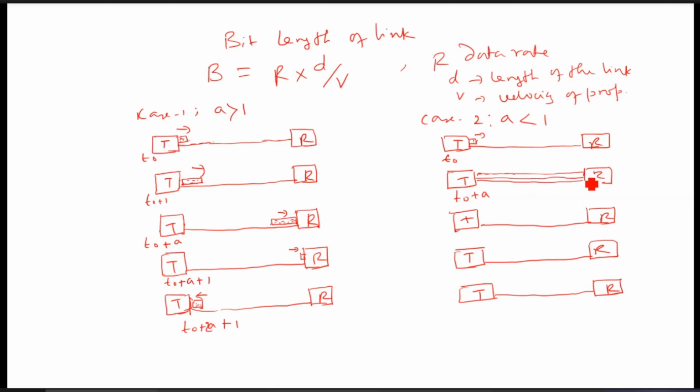Before the completion of the frame, the first bit will reach here, at T0 plus A. Next, it completes the transmission at T0 plus 1.